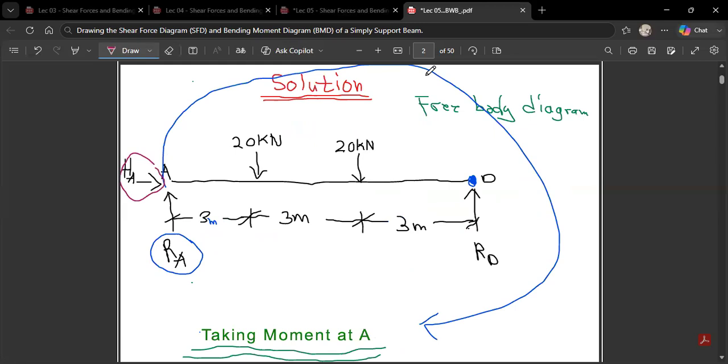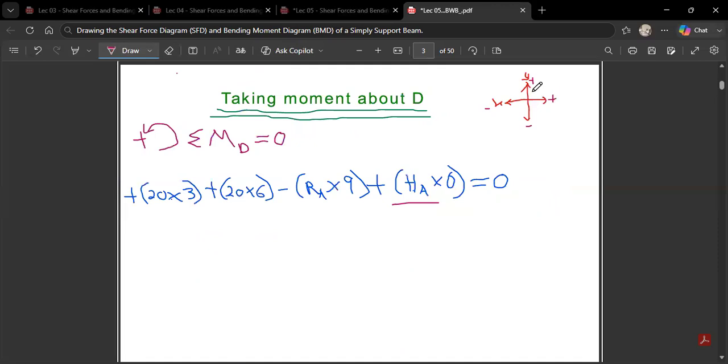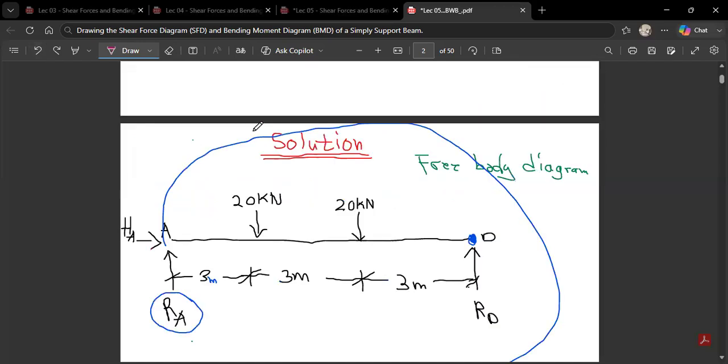No confusion. That's our sign. Exactly. So let's proceed. Very good. So RA is going to be negative RA because it's a clockwise movement. Negative RA times 9. Very good.